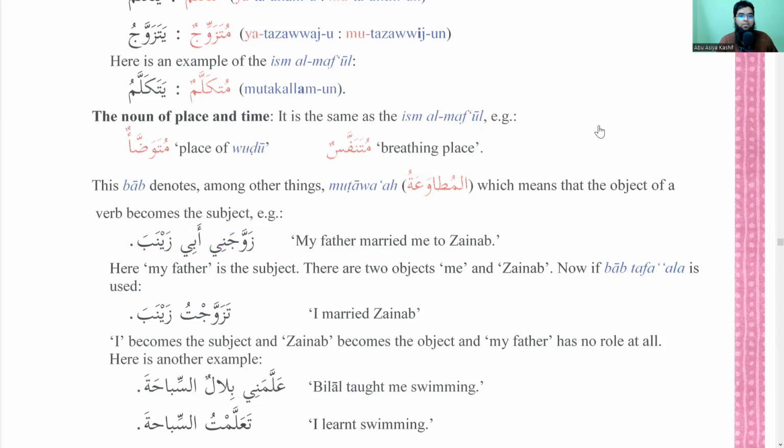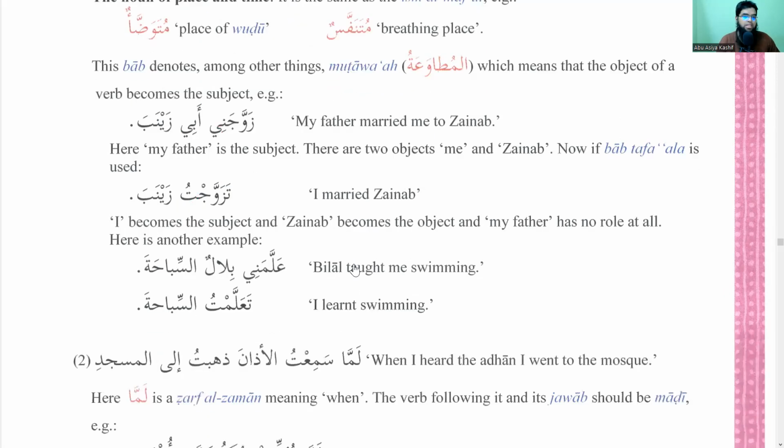But I want to use form 5, like I got married to Zainab. So tazawwajtu Zainaba. Here, this was the maf'ulun bihi, and now this became the fa'il. Tazawwajtu Zainaba, I got married to Zainab, because my father has no role at all.